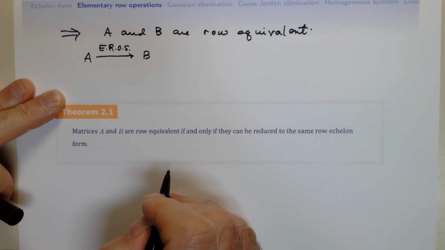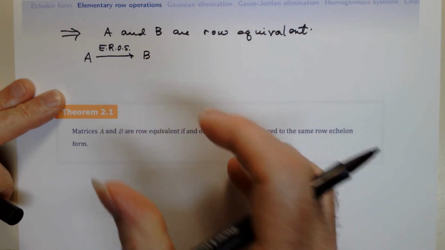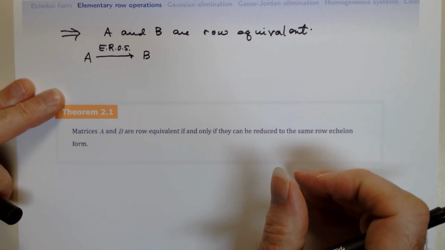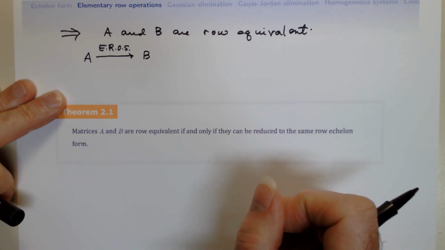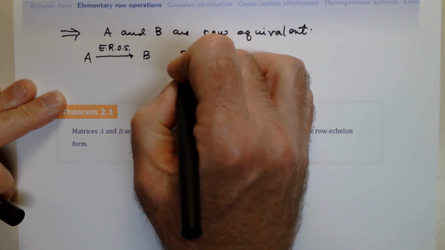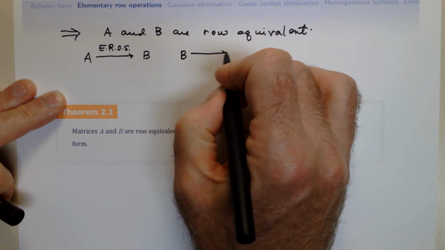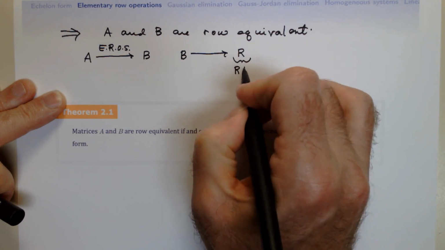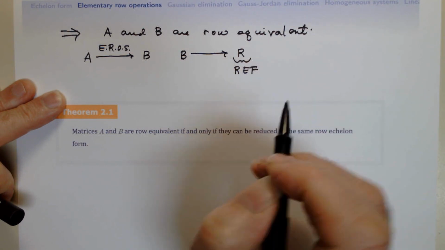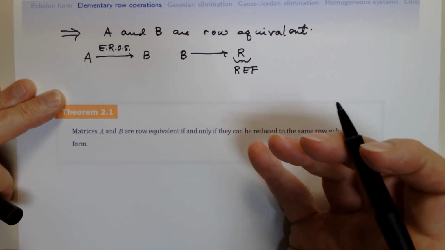Okay? Now we know that B can be carried to some row echelon form by, again, another sequence of elementary row operations. So let's denote that this way. We'll say B can be carried to some matrix R, and this is going to be in row echelon form, through a sequence of elementary row operations.